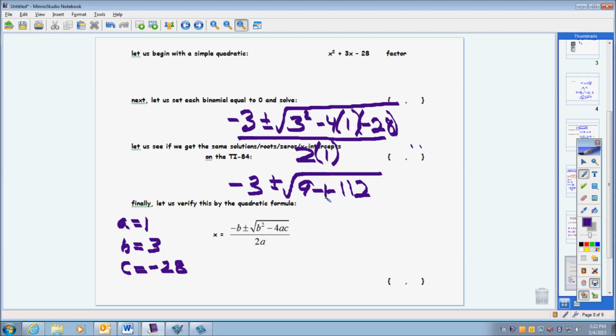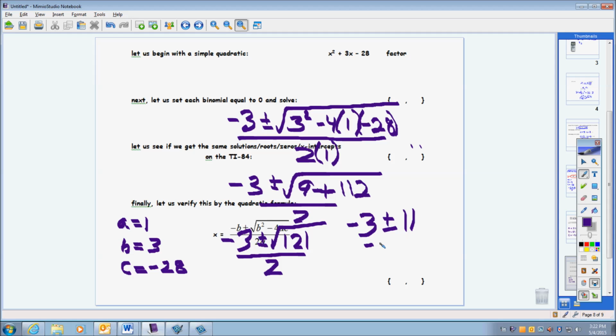Okay, now double negative is positive, all over 2. So what I'm going to have now is negative 3 plus or minus the square root of 121. 9 plus 112 is 121, all over 2. Well, you know the square root of 121 is 11. You should by now. So negative 3 plus or minus 11 all over 2.